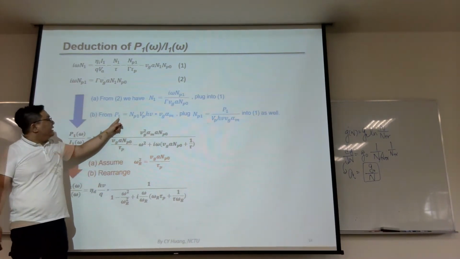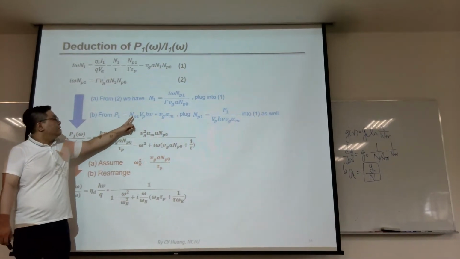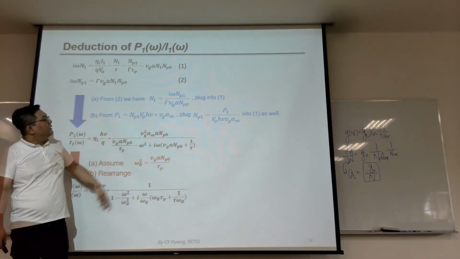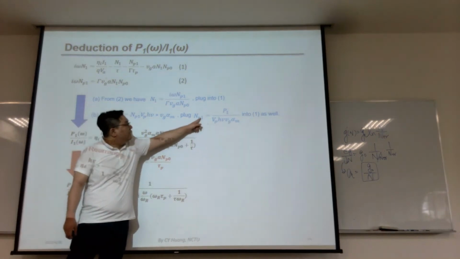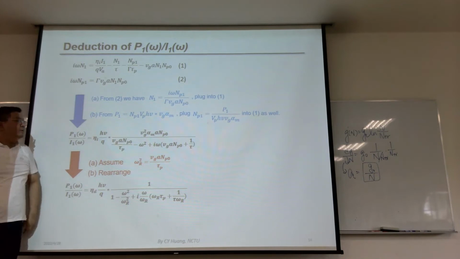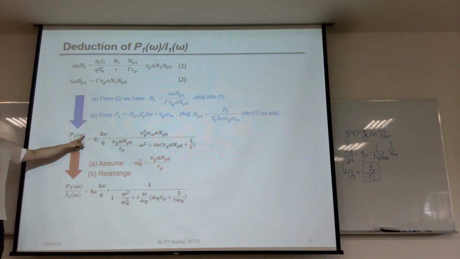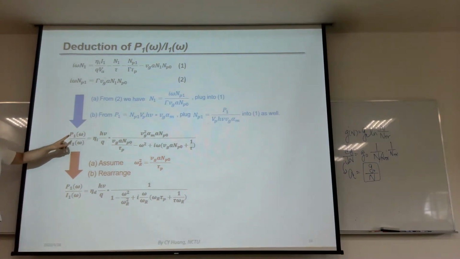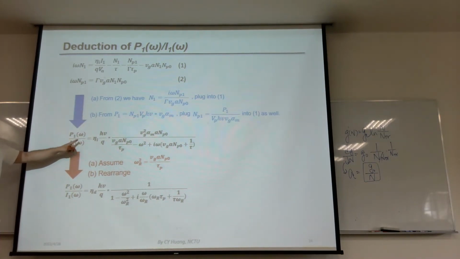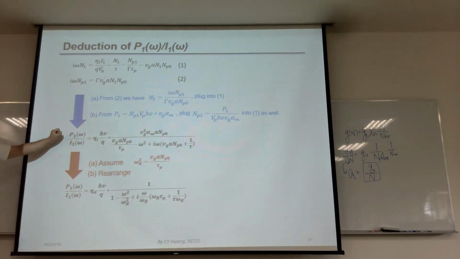But remember, this is subscript 1, so this is the dynamic term, with O1 here, and then finally plug in NP1 from this equation into it as well. Then finally it becomes a pretty complicated case, like P1 as a function of omega divided by I1 as a function of omega. This is called the frequency response.